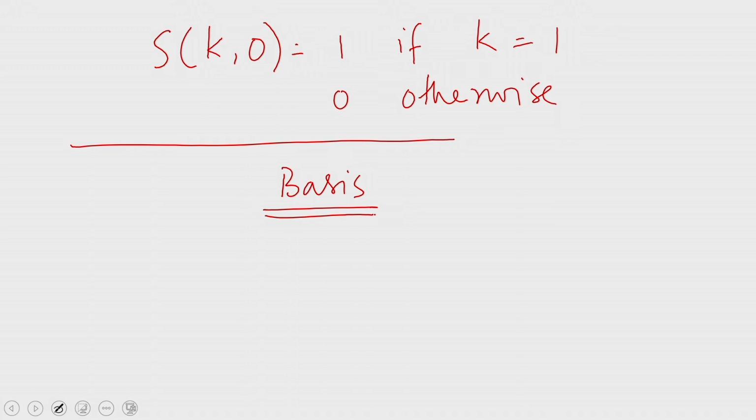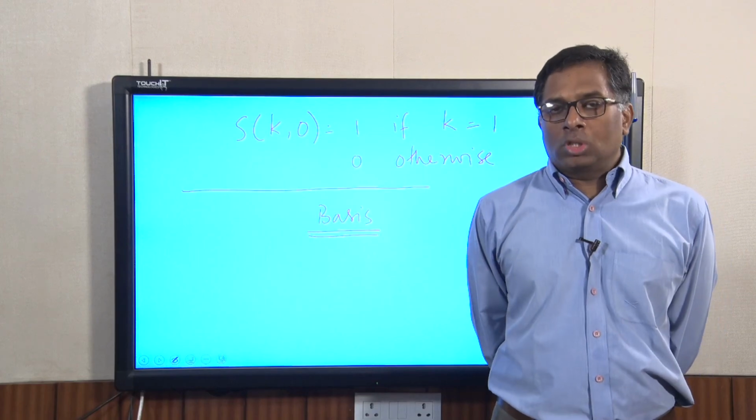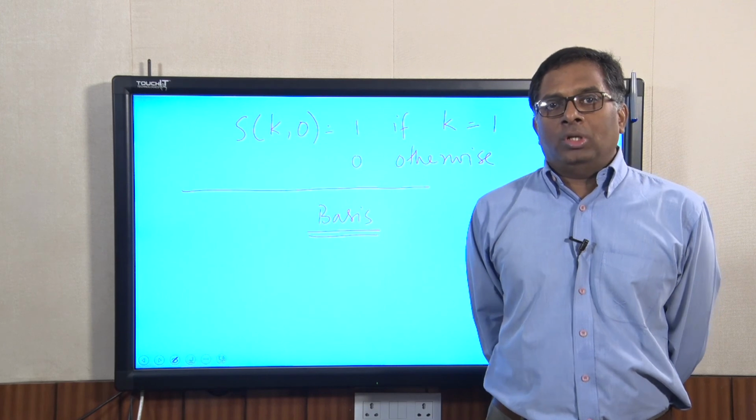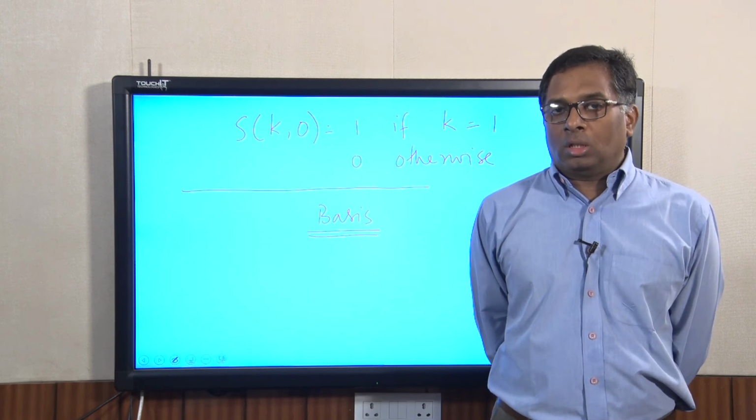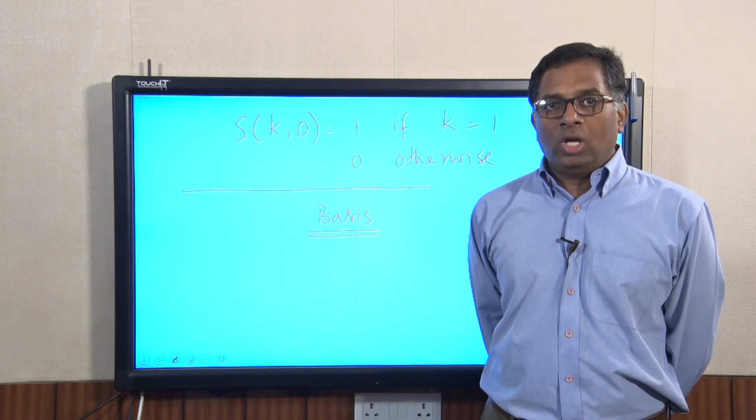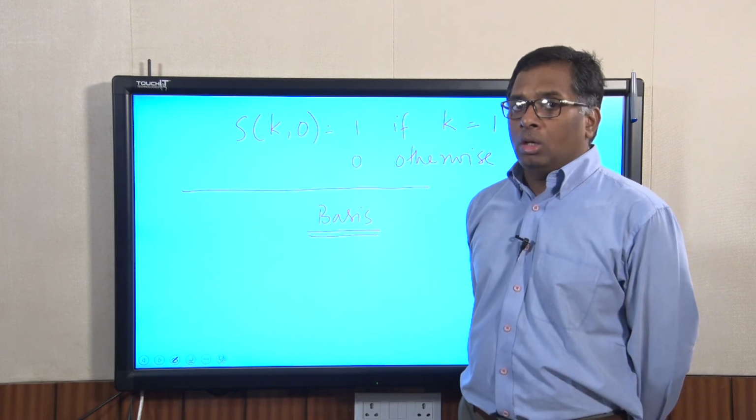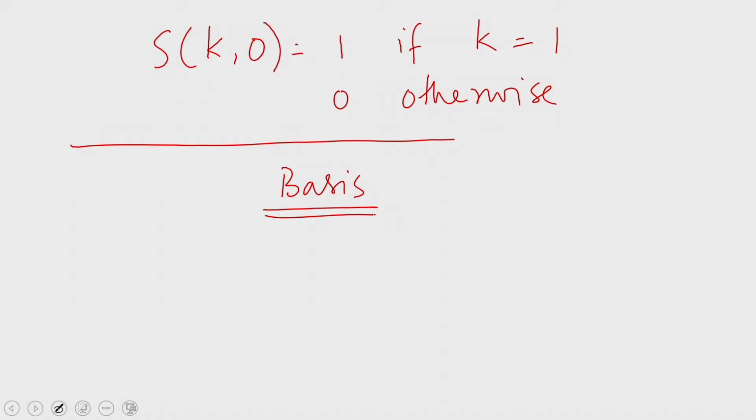These settings will form the basis, and the settings are all appropriate. The H i values, C i j values and S k values at time 0 all represent the position of the head, the contents of the cell and the state at the beginning of the execution. So, this will form the basis.